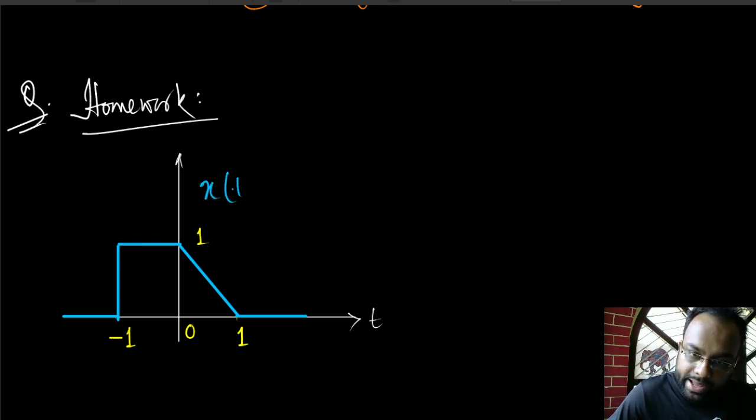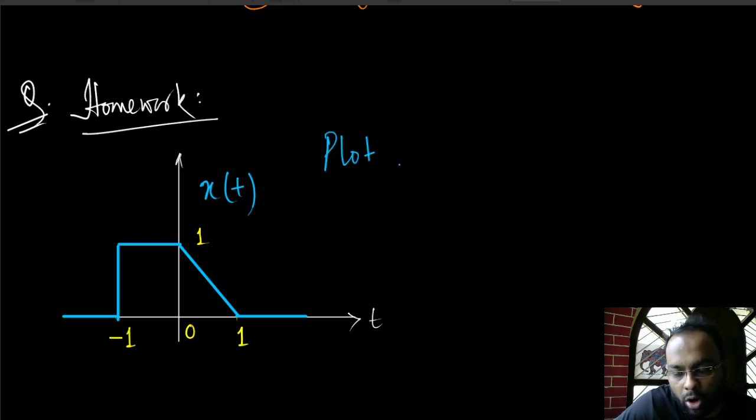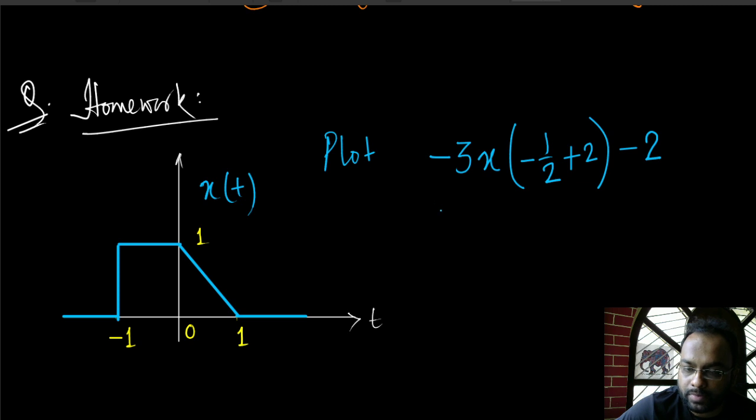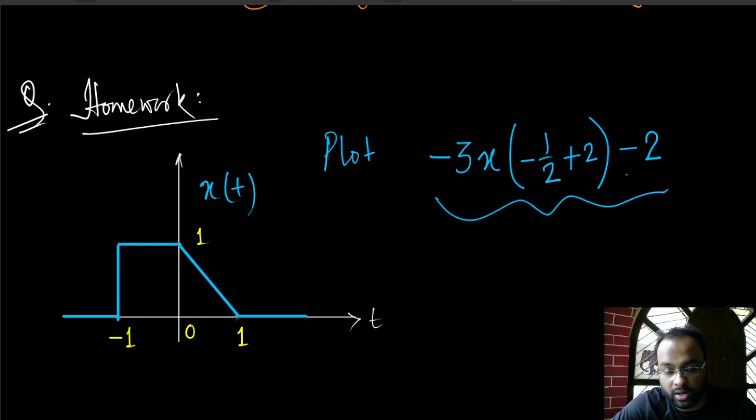So this is your x(t). If this is x(t), this is how x(t) looks. My question would be to plot minus 3 x of minus half t plus 2, minus 2, right? So this would be your homework.